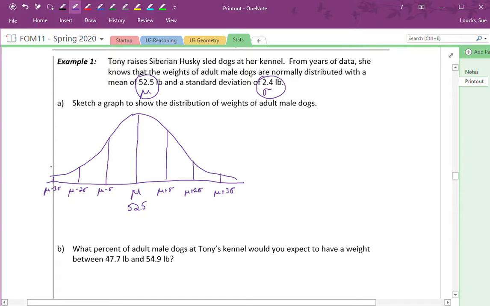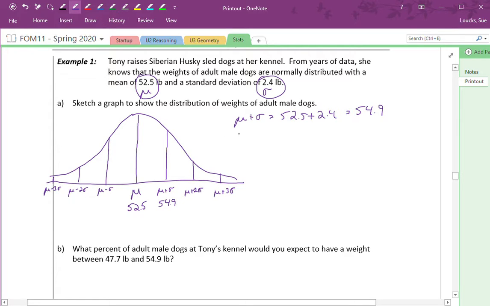Okay, so we know that mu is 52.5. Mu plus sigma is going to be 52.5 plus 2.4, which is 54.9. So that's going to be this line here, 54.9.